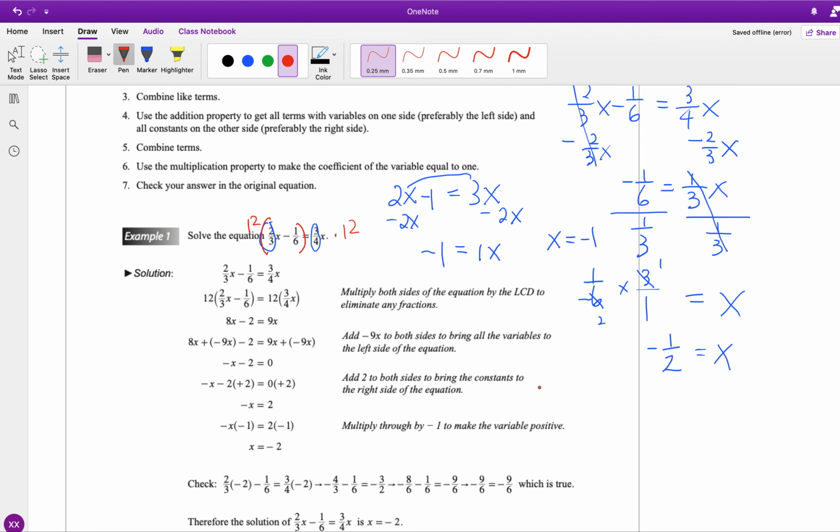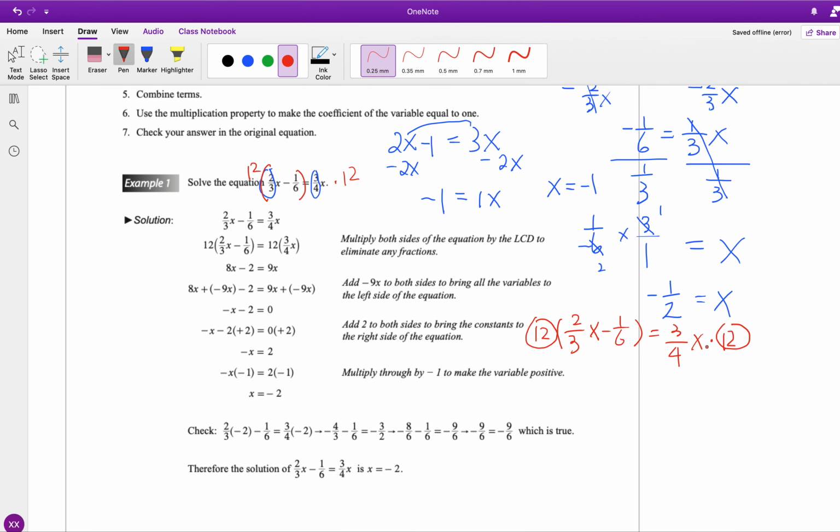I use the red here. So I'm using 12, multiplying this whole thing. It has to be the whole thing on one side. Subtract 1 over 6, and then equals 3 over 4 x multiplied by 12. All right, you have to do the same thing: multiply by 12 on both sides.